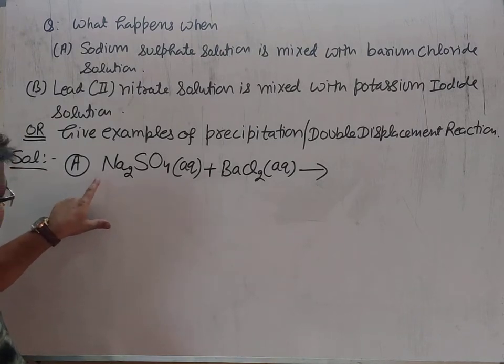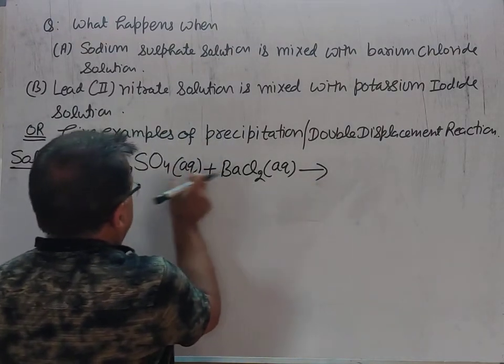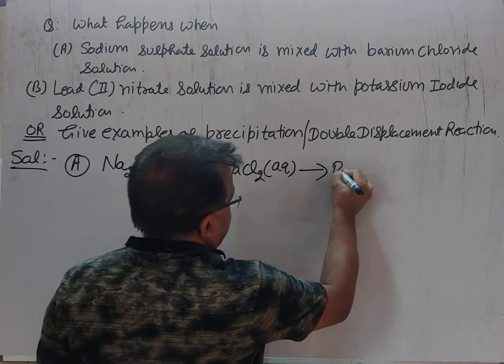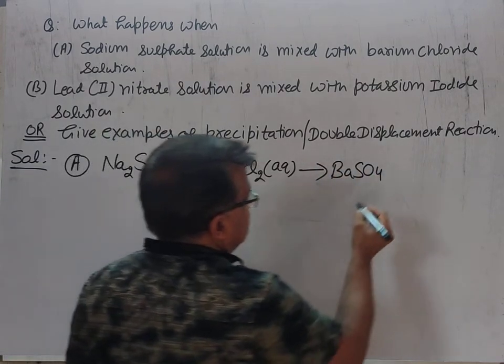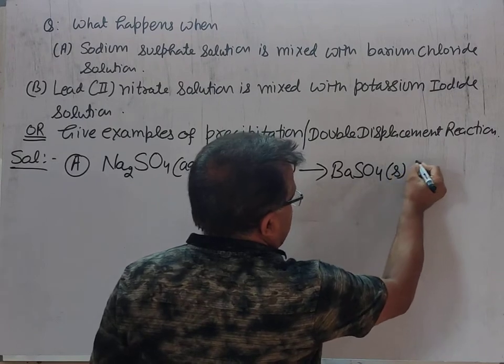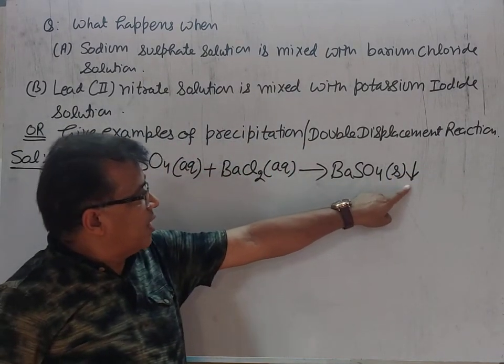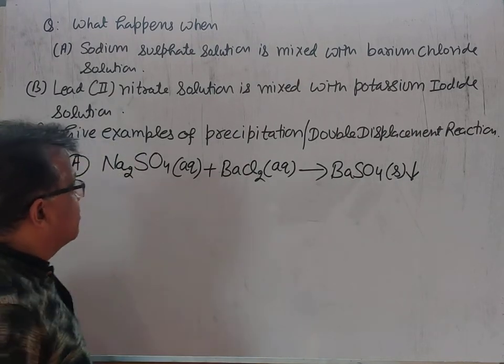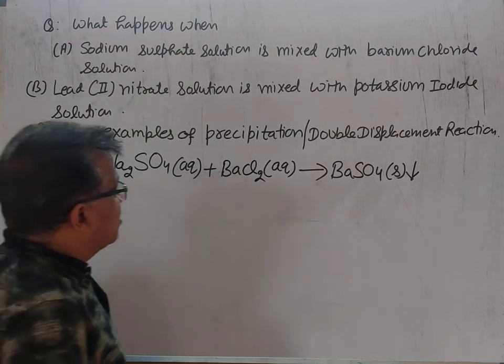Now here exchange of ions occurs. BaSO4 is formed, which is a solid that separates out as a PPT. This downward arrow represents PPT, and what is left, Na and Cl, will combine.